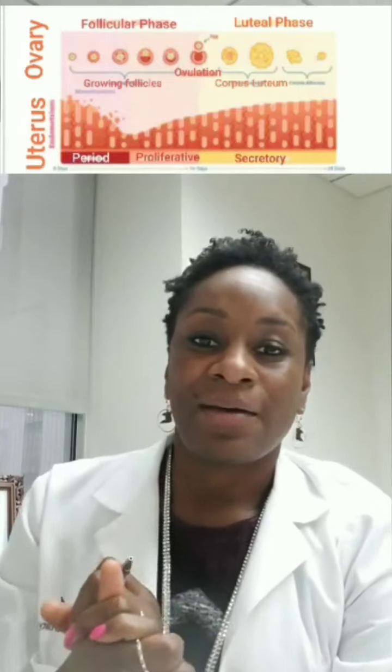So just to recap, you have 4 phases: 2 happening in the beginning at the same time, 1 in the ovary and 1 in the uterus, and then 2 happening after ovulation at the same time, 1 in the ovary and 1 in the uterus. You start off with your period, the ovaries going into the follicular phase, growing follicles, while the uterus is growing the lining.